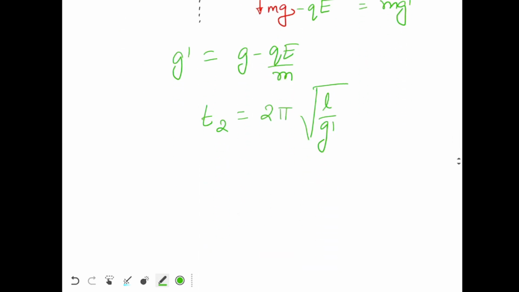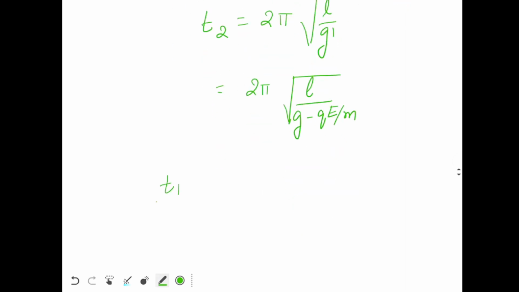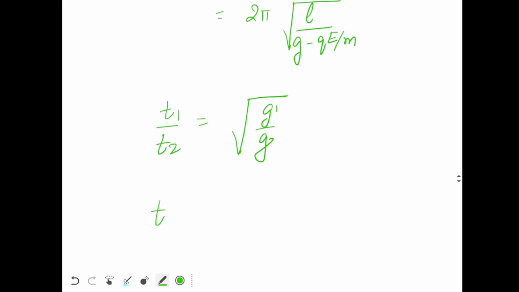So this will be equal to 2 pi under root L by g minus QE by m. Okay. Now let's compare the two time periods. So T1 upon T2 will be under root g dash by g. Or we can write T2 will be T1 times root g by g dash.